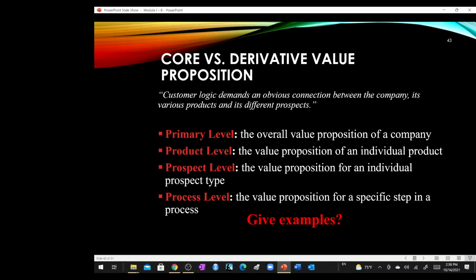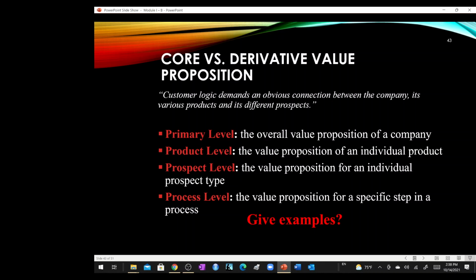So the primary level is basically the positioning of the company. If you remember that lovely tree diagram that I have, benefit A, B, C, D, and one of the benefits was the value positioning statement. So this is the primary level.